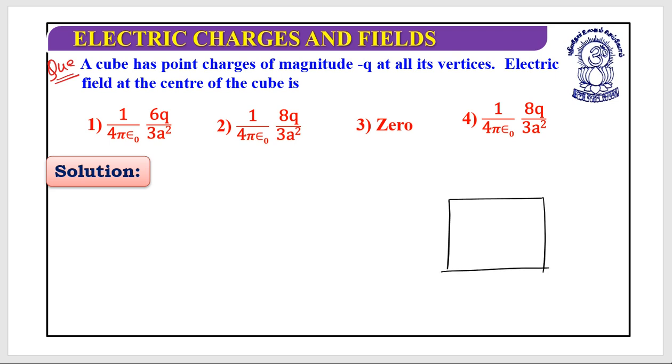First, let's redraw the situation. Point charge of magnitude minus q at all its vertices.